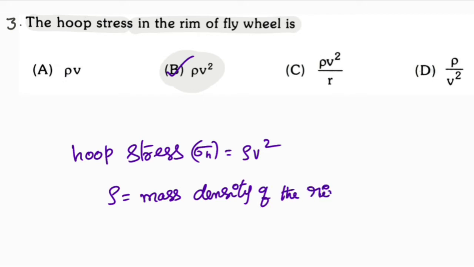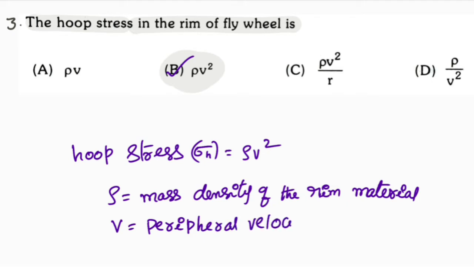It depends on the type of material. V equal to peripheral speed, peripheral velocity of the rim.